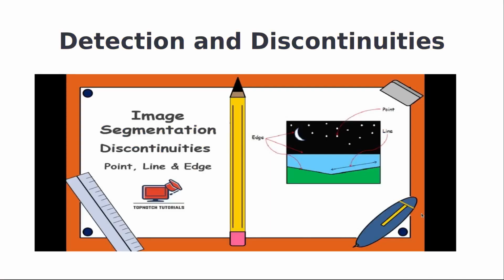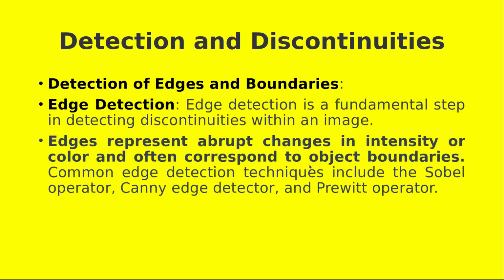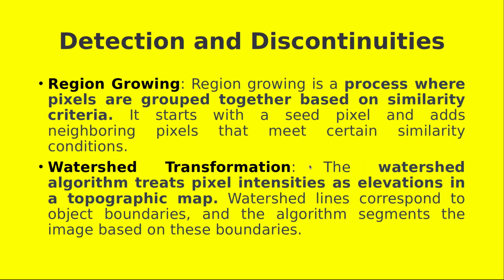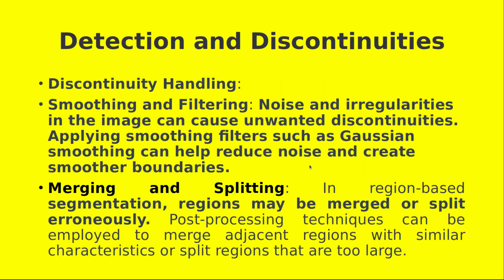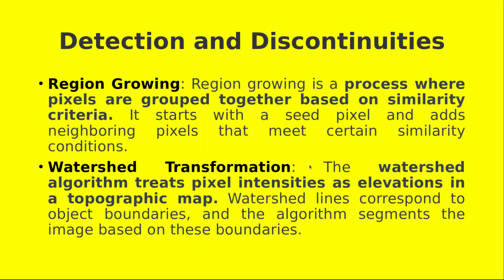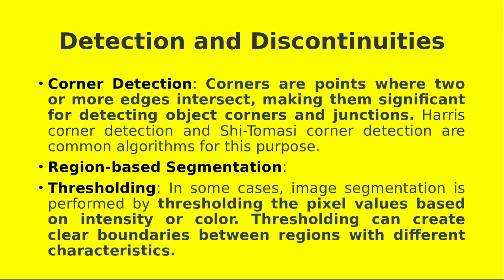This is one region, and this is another region. One region is light blue color and another is green color. These two regions are split based on color. This is an explanation of thresholding, and I gave examples.